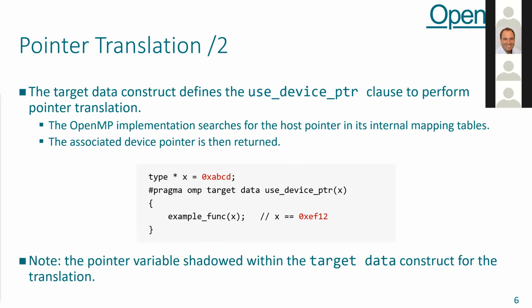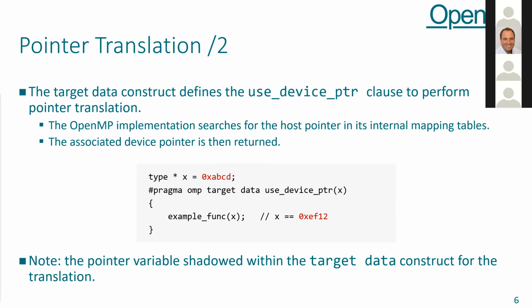All right. So this is how it works in OpenMP. There's a clause called use_device_ptr, and that is exactly the mechanism to do this pointer translation for you. If you have some variable X that is pointing to host memory, when you put it into the use_device_ptr clause, inside those curly braces the original X pointing to that location is gone, and it has been overwritten with the device pointer.